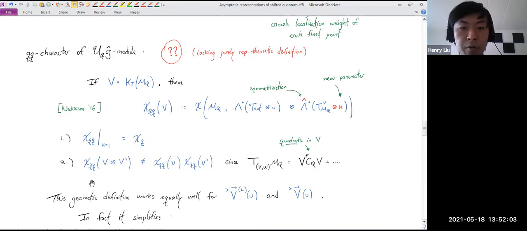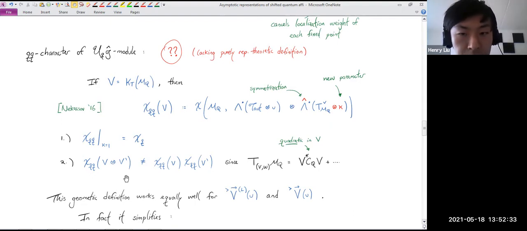So if we think back to the Q character, that was really supposed to be the complete analog of classical characters of G modules. And of course, one of the reasons character theory is so powerful is because the character is a homomorphism. If you take the character of V tensor W, it's the character of V times the character of W. This is true for Q characters as well, but is no longer true for QQ characters.